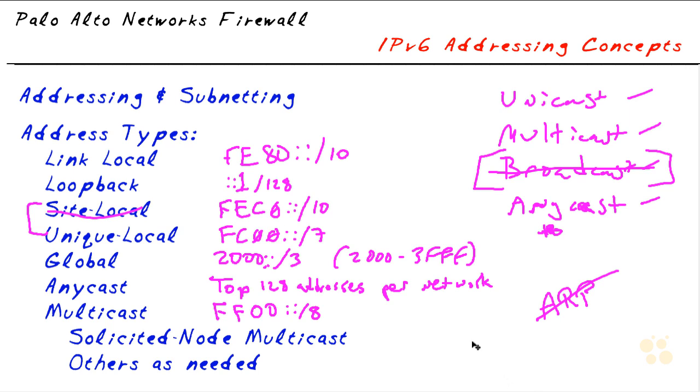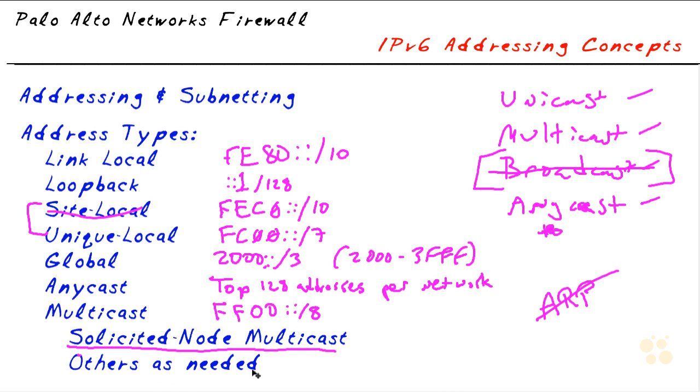So we have other methods for figuring out things like duplicate address detection, or how I'm going to find the layer 2 address of somebody out there on my network. We do this via a solicited node multicast. So you will belong to a multicast group based on your address, and we'll try to figure out what your link level or layer 2 address happens to be.